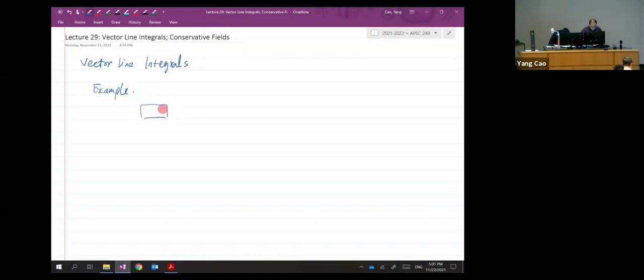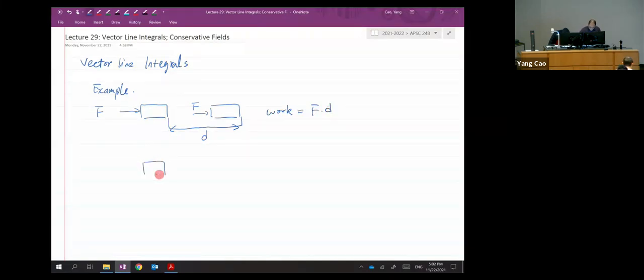In dynamics or in physics, we have learned this simple idea of work. If you apply a force horizontally, and the object moves a distance of d, and assuming your force is applied as a constant value, then the work done by the force is F times the distance, or displacement.